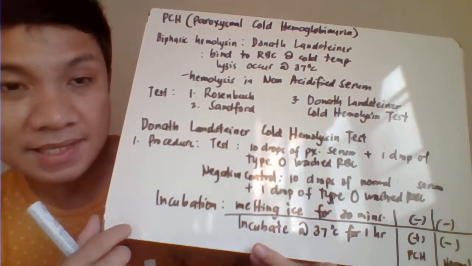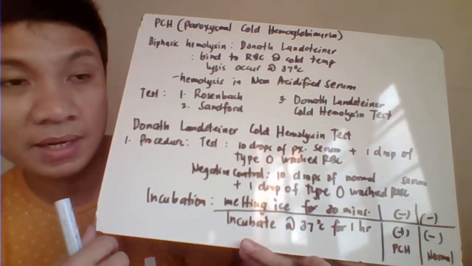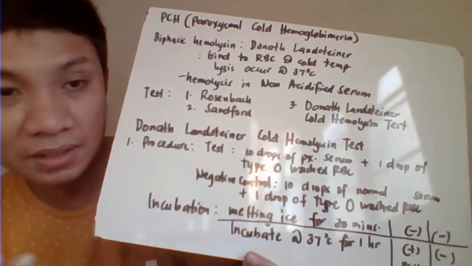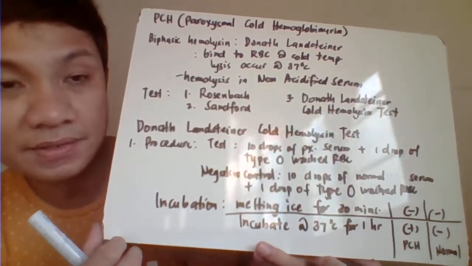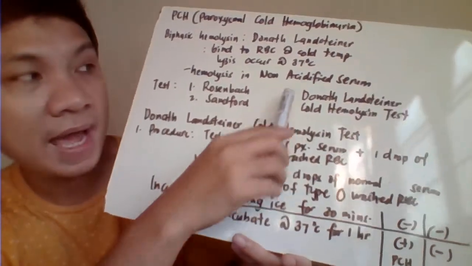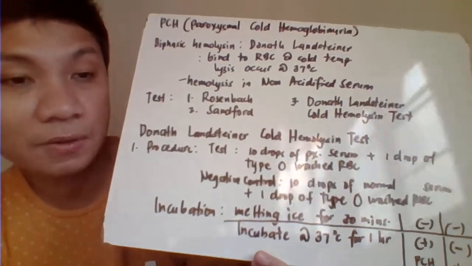Once it is already bound with the RBC in the cold, if you expose that at a warm temperature, at 37 degrees Celsius, it will cause lysis of the red blood cells. However, here hemolysis is taking place in your non-acidified serum.